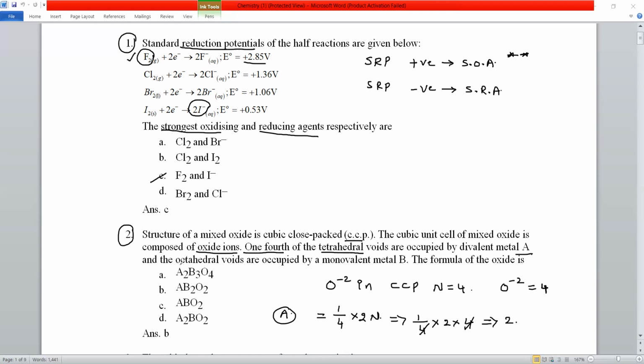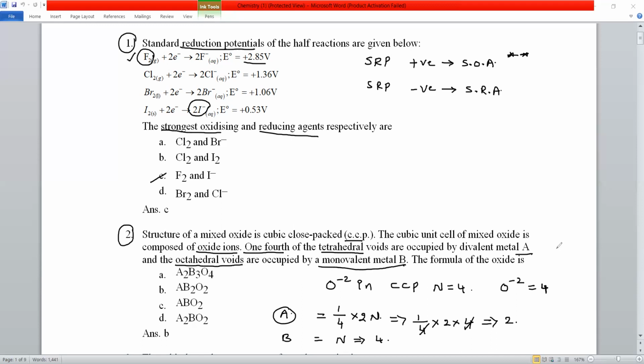Next, octahedral voids are occupied by monovalent metal B. The number of octahedral voids is N, and N equals 4 here. So B is 4, A is 2 and oxide is 4.